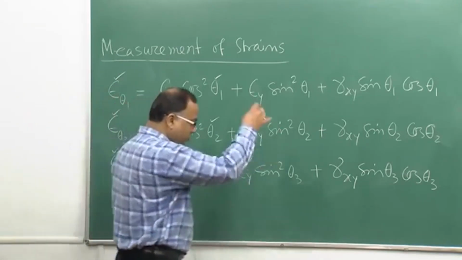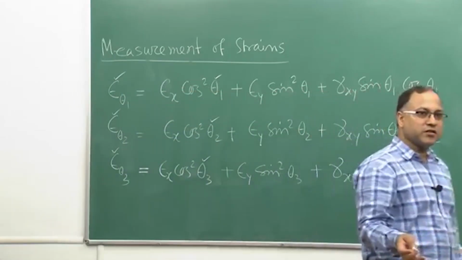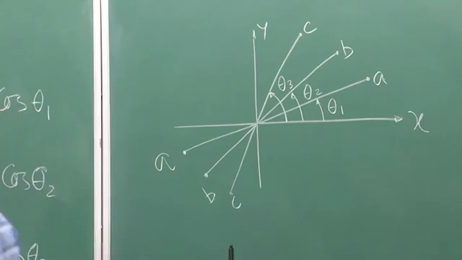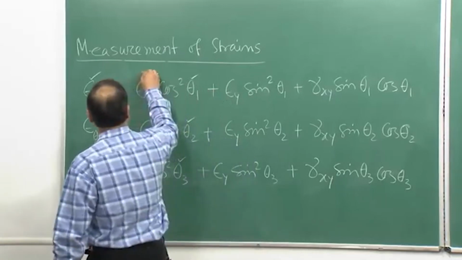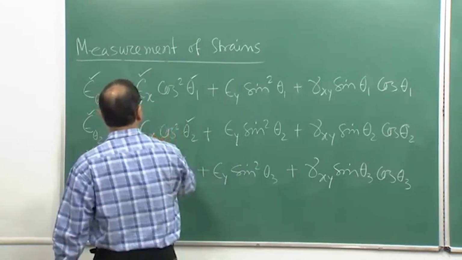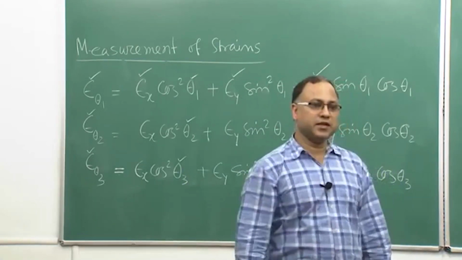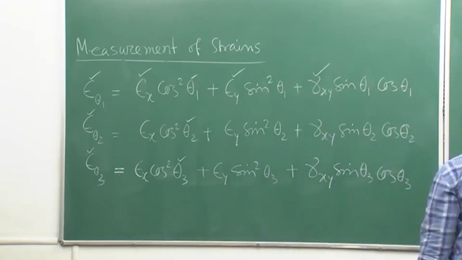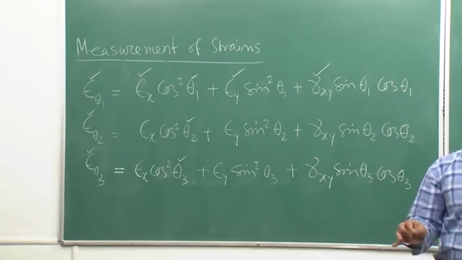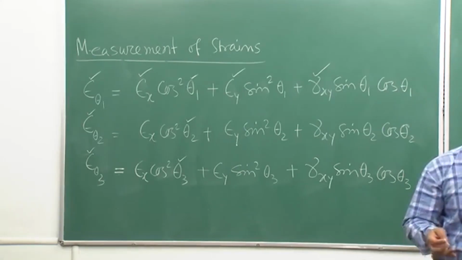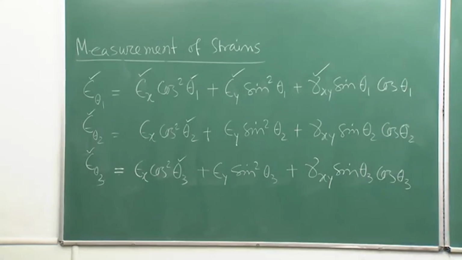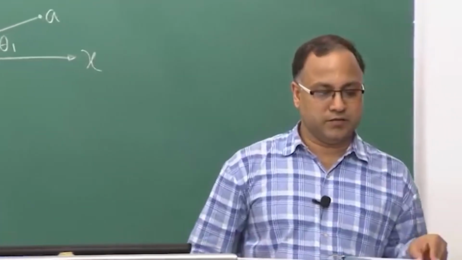So, from these 3 simultaneous equations, you can find out the 3 unknowns, epsilon x, epsilon y and gamma xy. This is the idea, and this kind of arrangement is generally known as strain rosette.